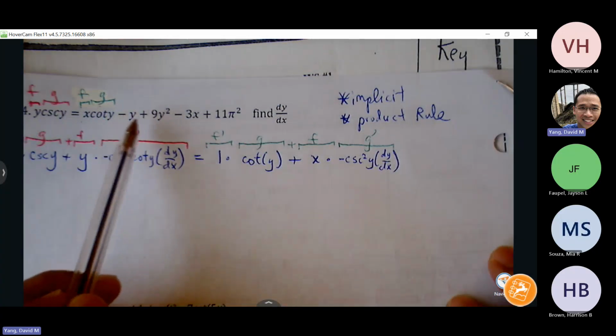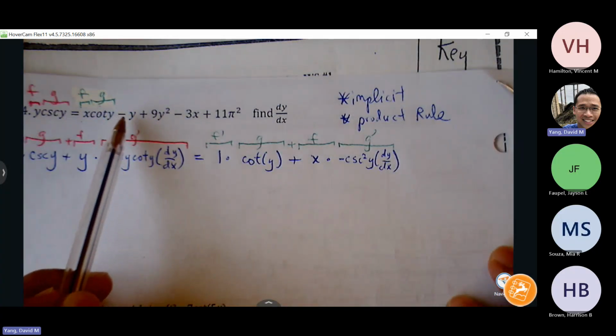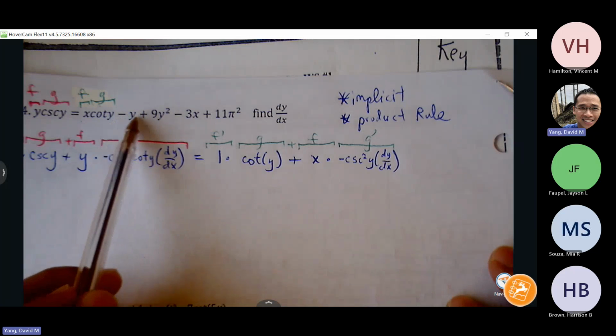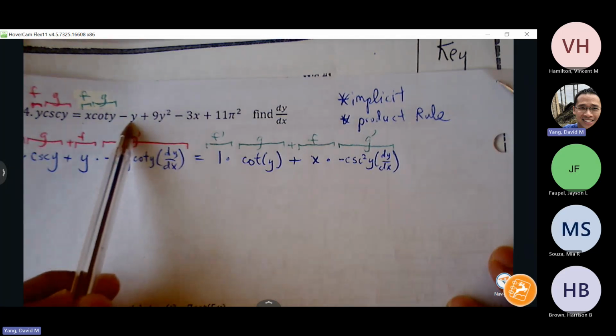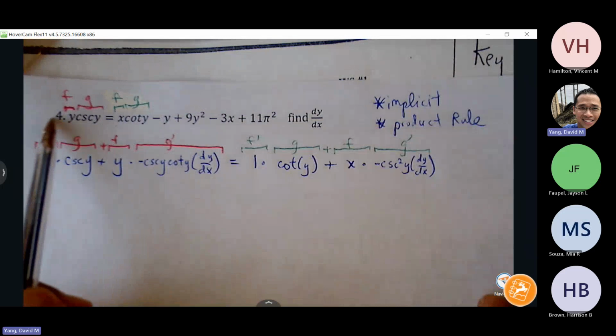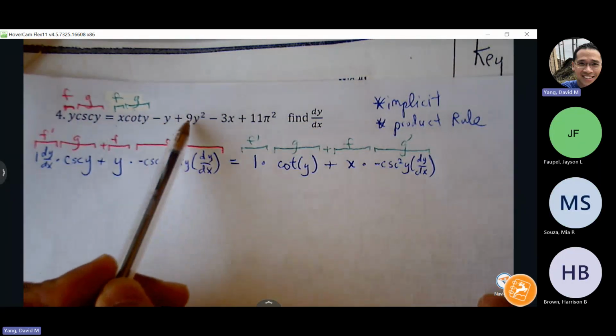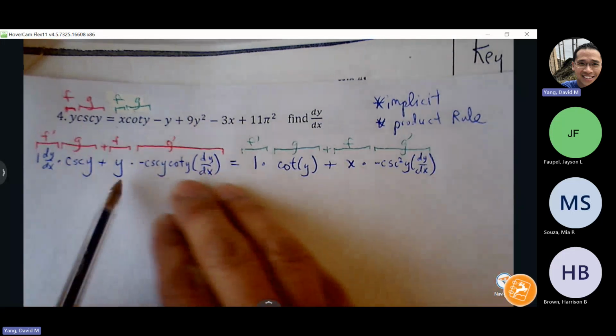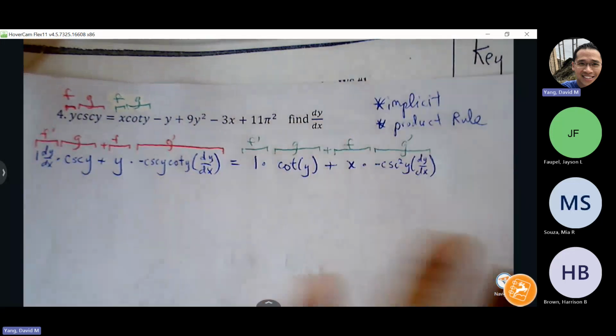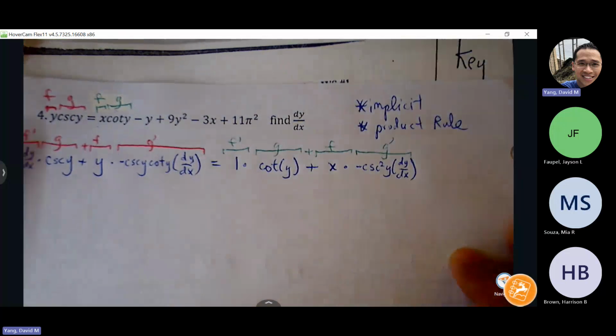Negative y, that's just a linear term there. Negative y becomes negative 1, but we're asking for y's derivative, so another dy dx will pop up. Oh, and by the way, if you count the number of y variables here, 1, 2, 3, 4, 5, there should be 5 dy dx's that show up, right? So at the end, we'll count, make sure that there are 5 dy dx's. Okay.